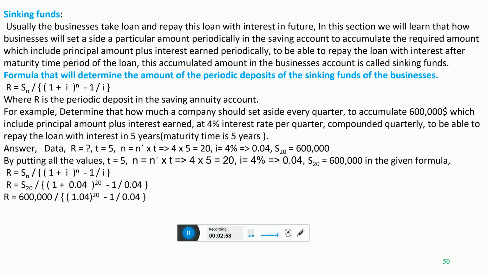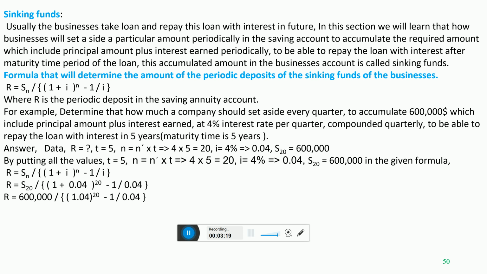But the question in front of the company is how much the company should deposit every period to be able to accumulate the required amount in the future, which includes the principal amount plus interest earned.